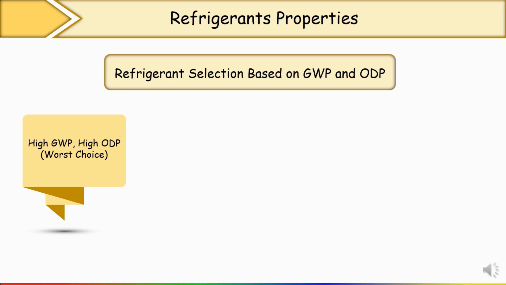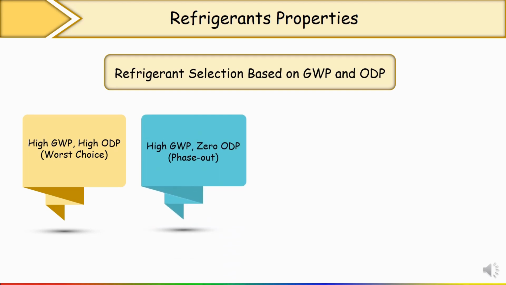If you take chlorofluorocarbons, CFC, for example R12 refrigerant, in that type of refrigerant both GWP and ODP are very high, making these refrigerants the worst environmental offenders. They are no longer in use due to their detrimental effect on the ozone layer and global warming. That is why it is the worst choice.